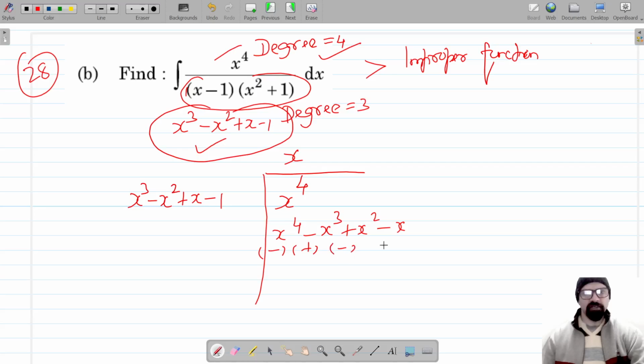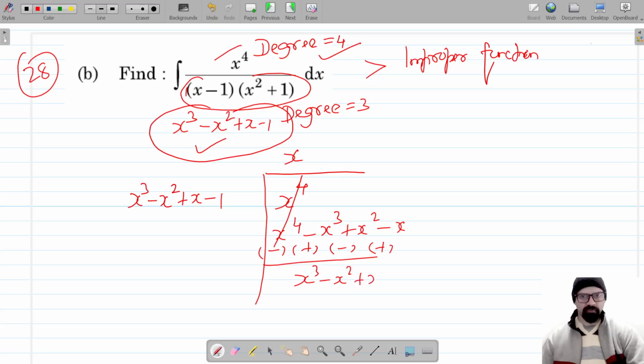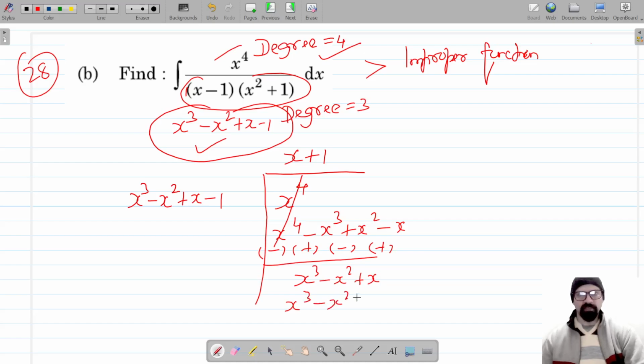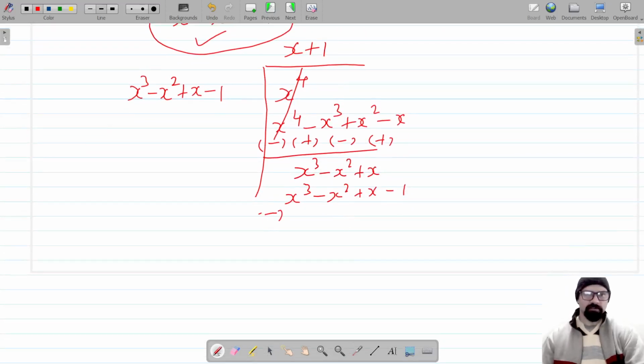Subtract this, change the sign, and this gets cancelled. So this is now x cubed minus x squared plus x. Multiplying it with 1 again gives me x cubed minus x squared plus x minus 1. But here we change the sign, so this is plus 1, negative 1 plus 1.